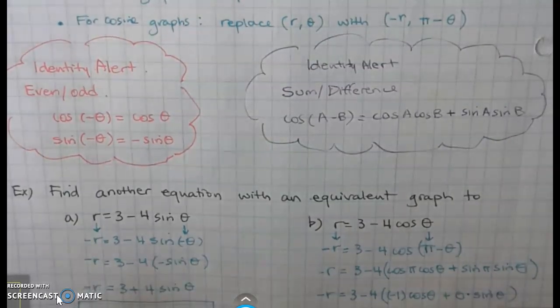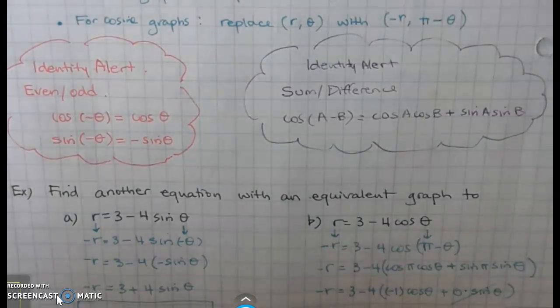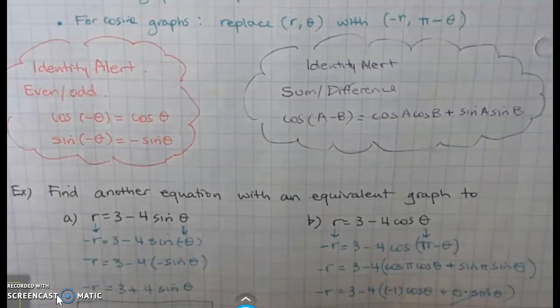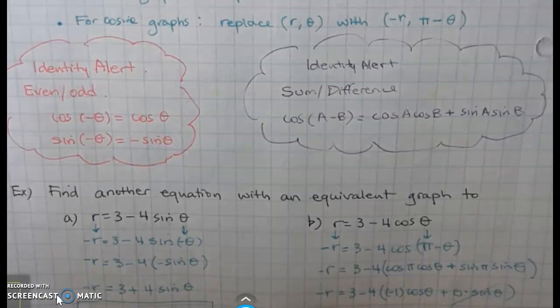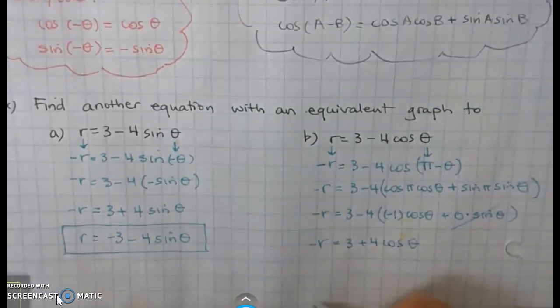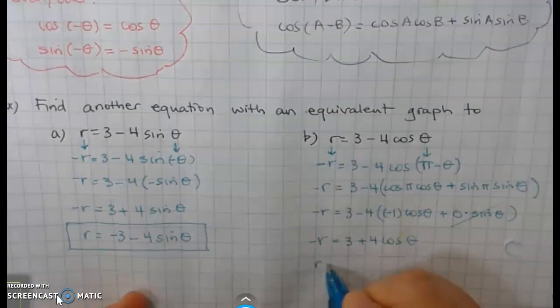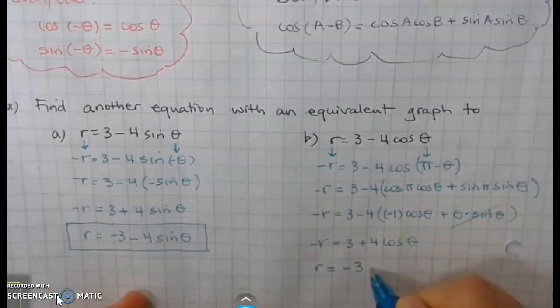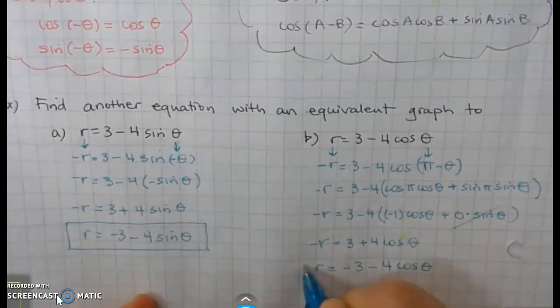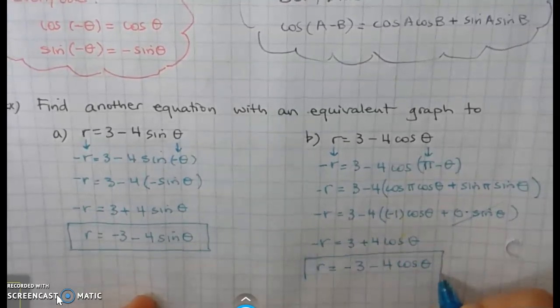So this goes away, and you're just left with this. So that's going to be 3 minus negative 4 times negative 1, which is positive 4 cosine of theta. So negative r is equal to that. And then from here, taking the negative of both sides, that's going to be negative 3 minus 4 times cosine of theta. So that's my equivalent equation.